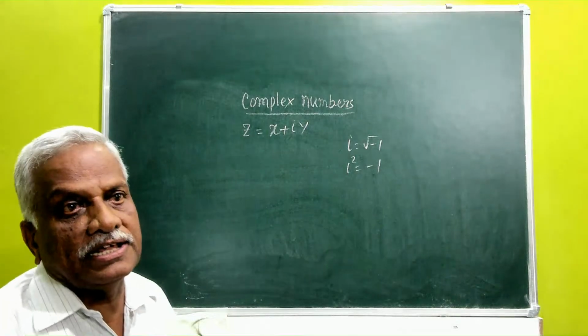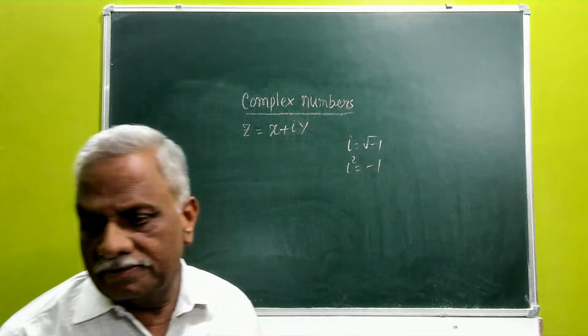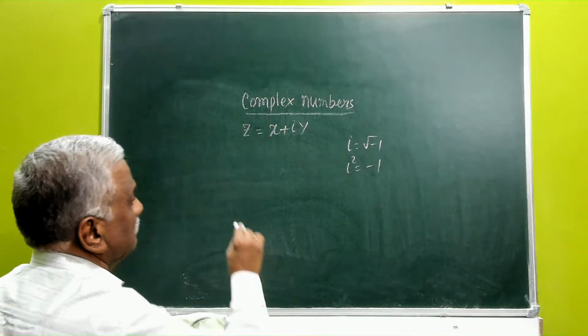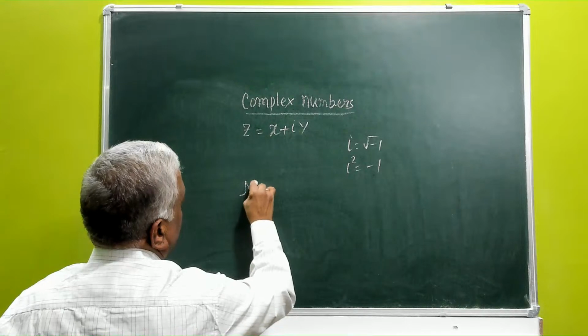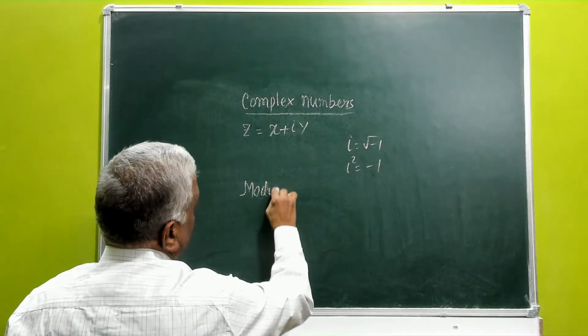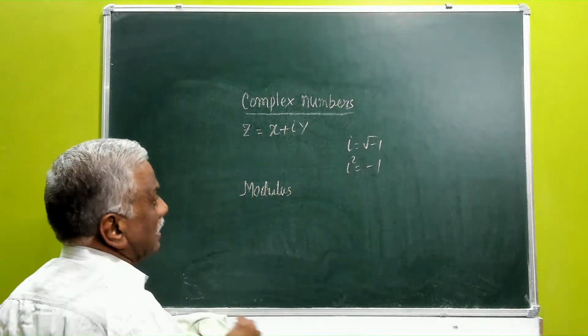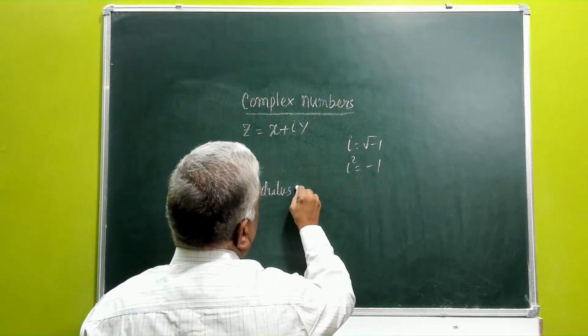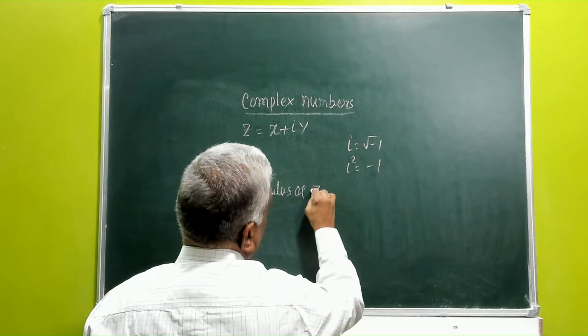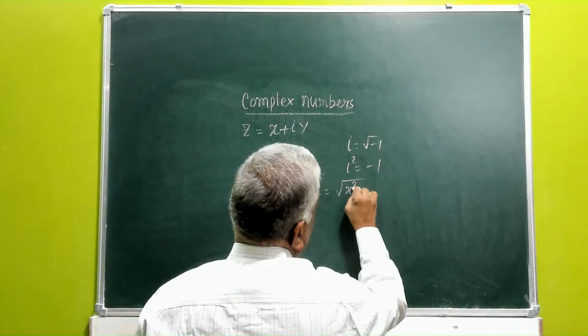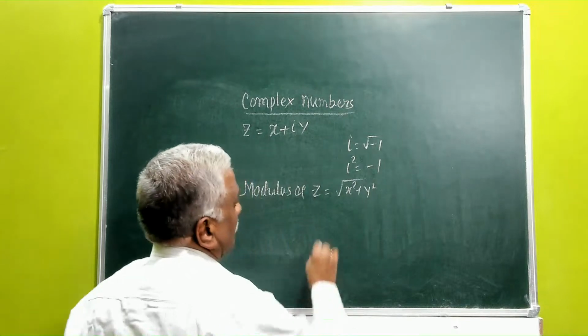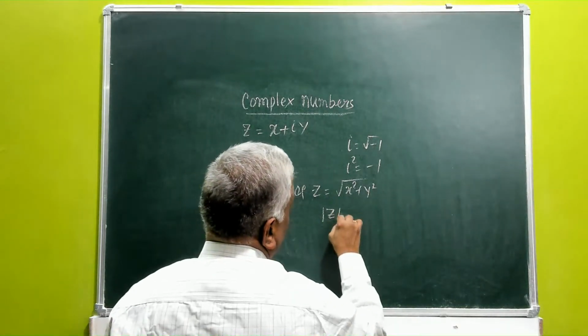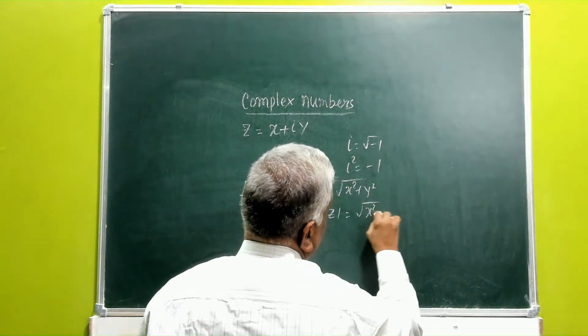Then we need to know the modulus of a complex number, because the problems mostly ask for modulus. Modulus of z is equal to root of x square plus y square. So we say mod z is equal to root of x square plus y square.